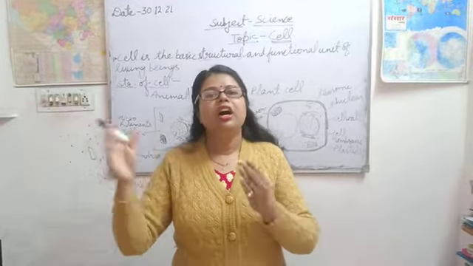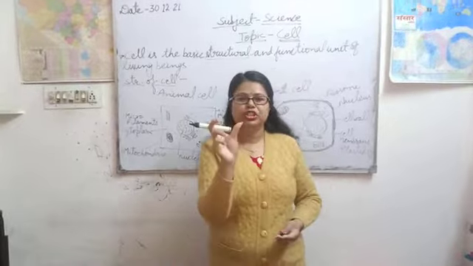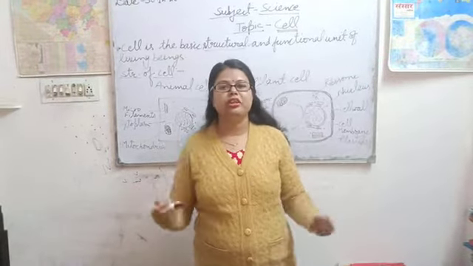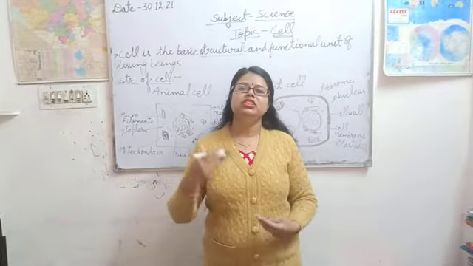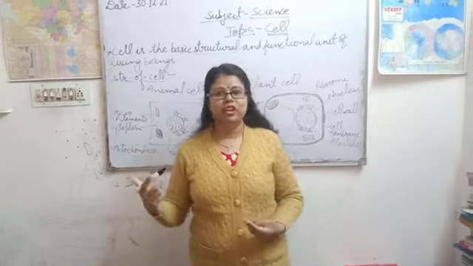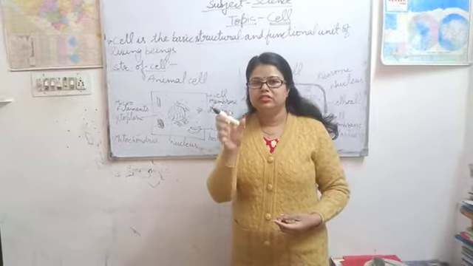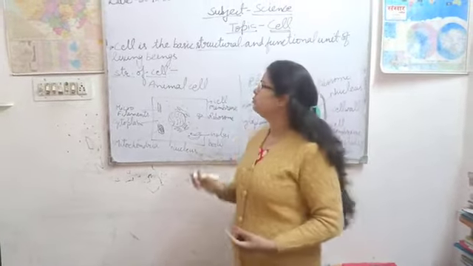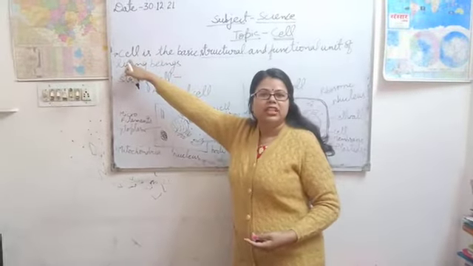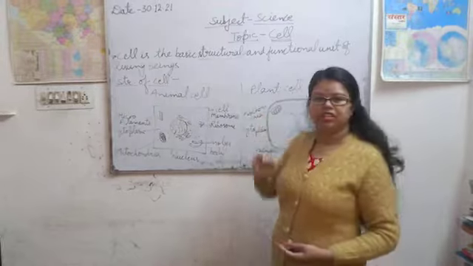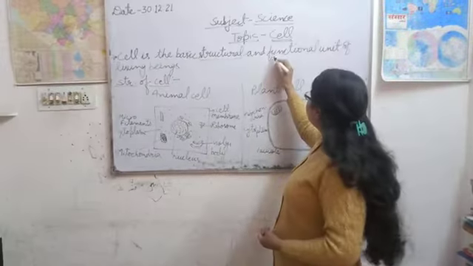These systems are actually a combination of different types of organs, so that the organs easily work, meaning the system works and we easily survive our life. The basic structure of any organ, of a system, is made by the cell. So easily we can say the cell is the basic structural and functional unit.